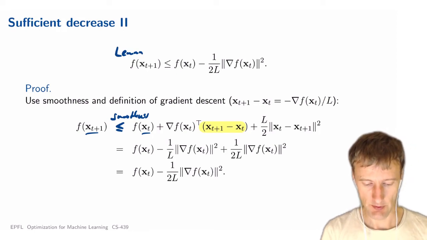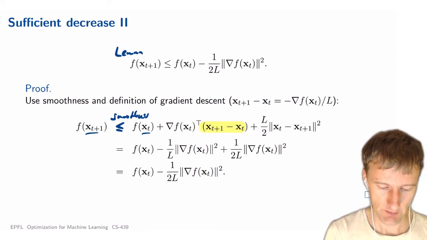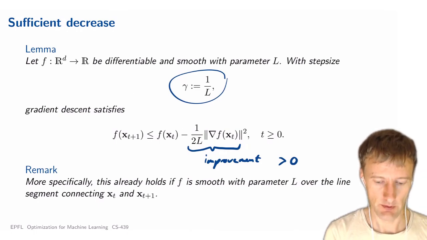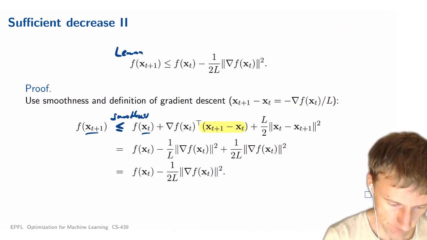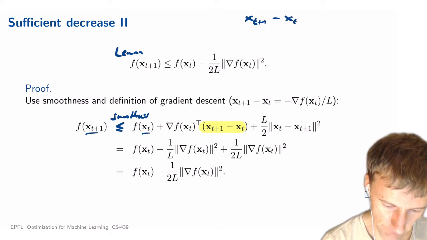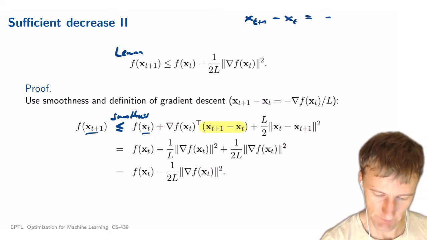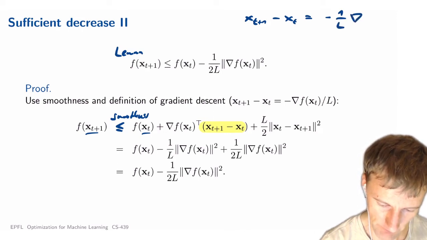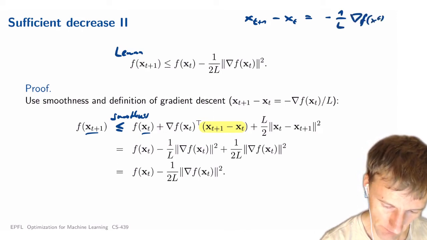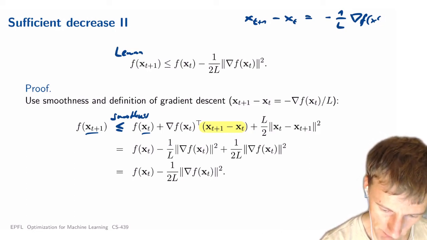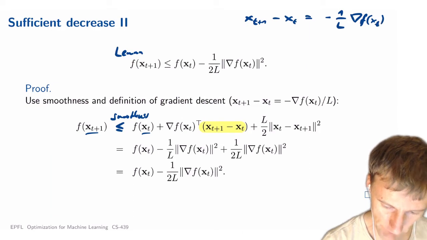That's interesting, because by definition, this is the gradient step with step size 1 over L, xt plus 1 minus xt, whether you want the index to be superscript or subscript.